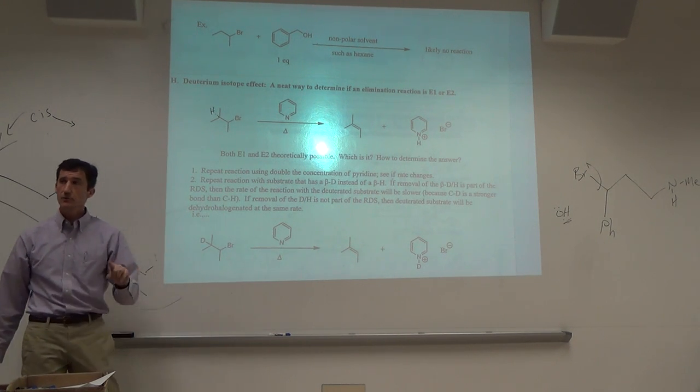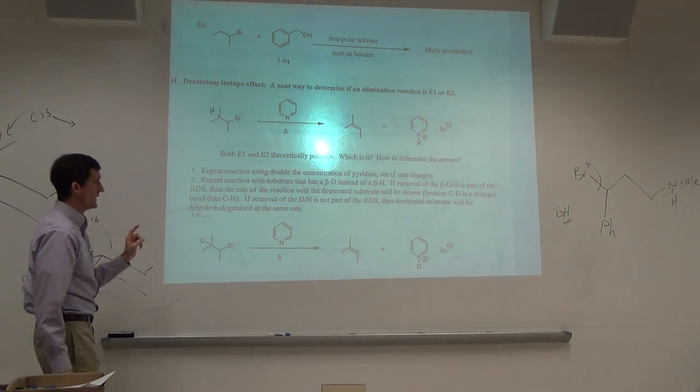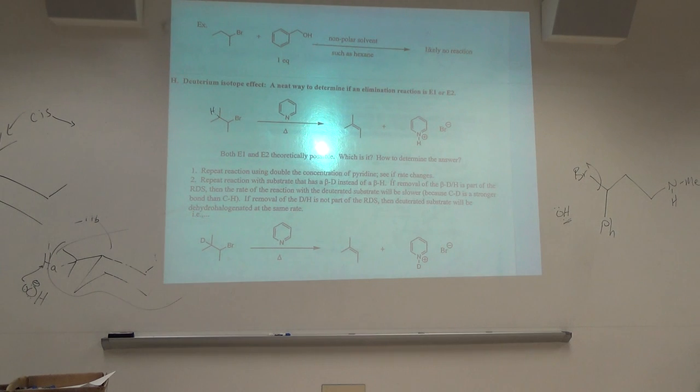Now let me ask you a general question. In which mechanism, E1 or E2, is the beta hydrogen bond broken in the rate determining step? E1 is just ionization. That's all the rate determining step is.